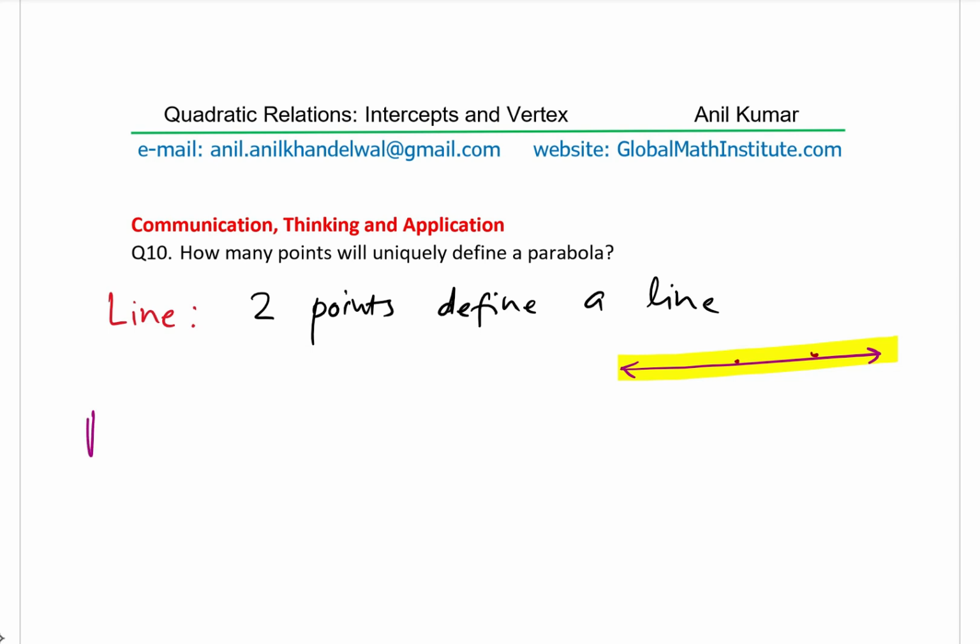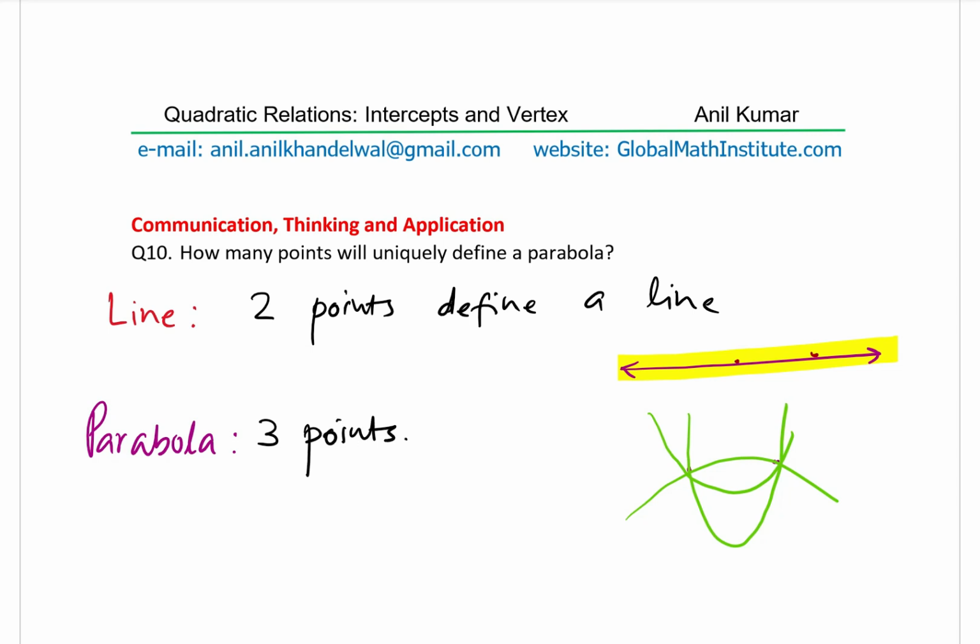Similarly, for a parabola, how many points do you need? If I have 2 points, then what happens? Well, I could have many parabolas through 2 points. Do you see that? So how do I get a unique parabola? For a unique parabola, we need 3 points.